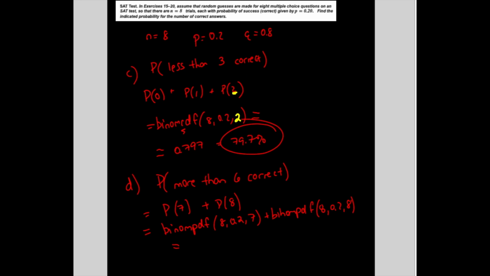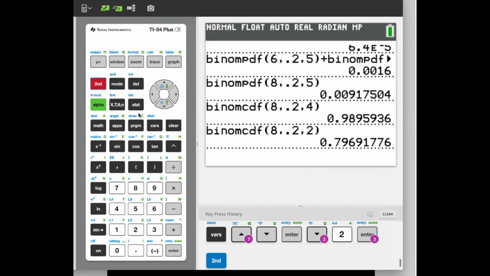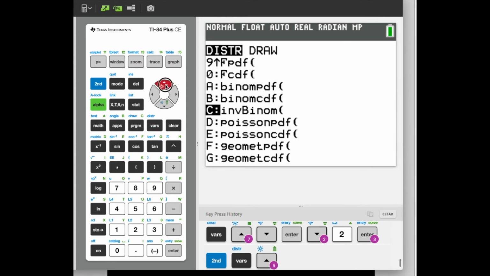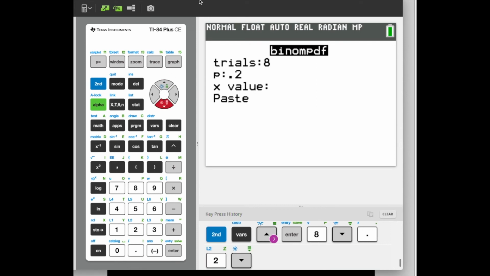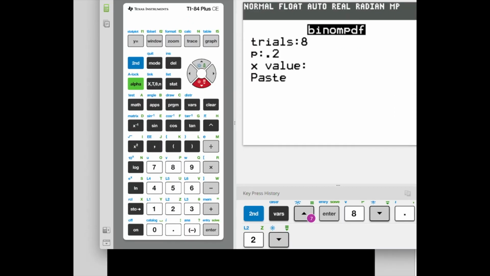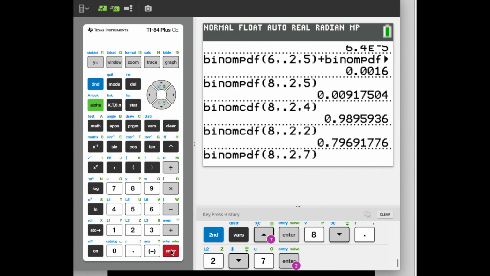I'm going to do it 2 different ways. So second vars again, binom PDF, N was 8, P was 0.2, and I want X for the first one was 7. And then I'm going to do plus the situation for 8.